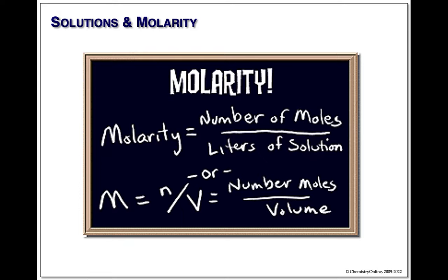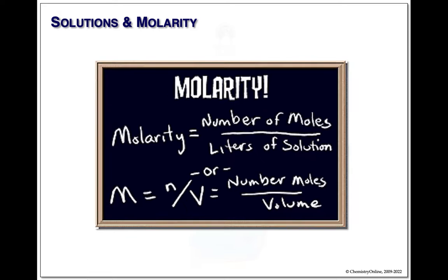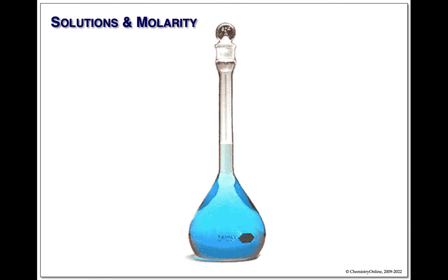Molarity. For example, this is a volumetric flask. In a volumetric flask, there is a little tiny line that's etched. This is a 1 liter flask. If you fill this all the way up to this tiny line, exactly on it, we have 1 liter of solution.